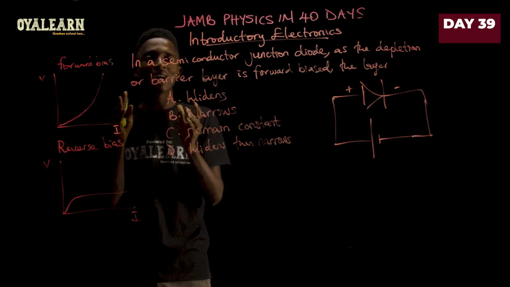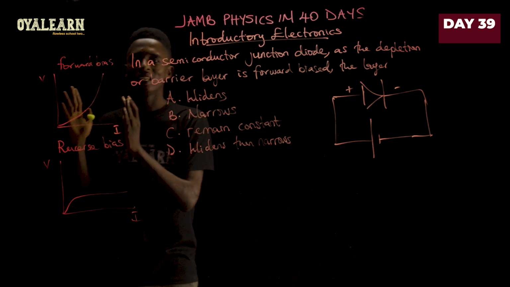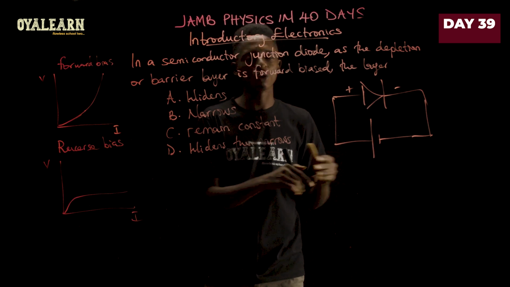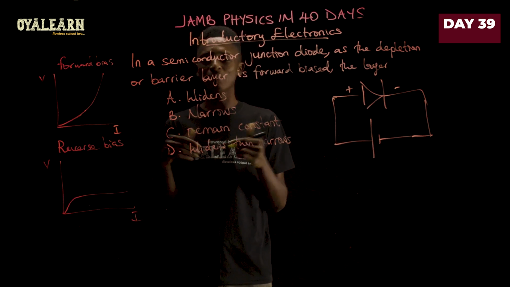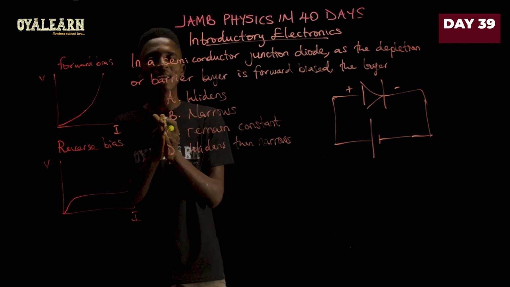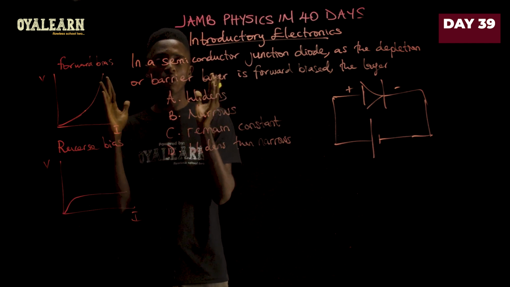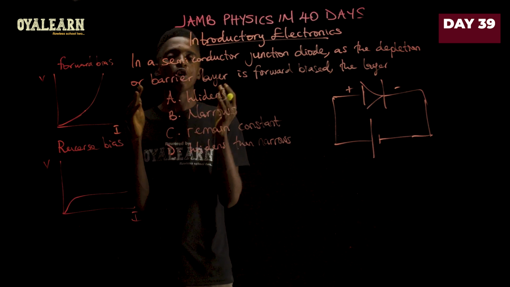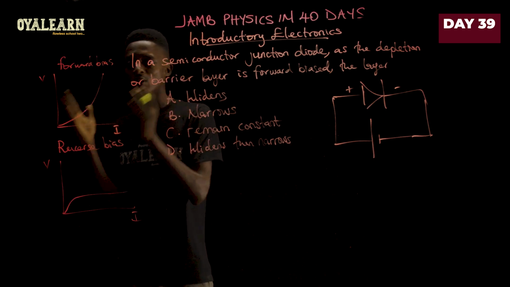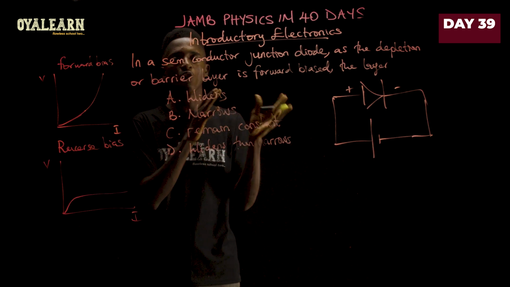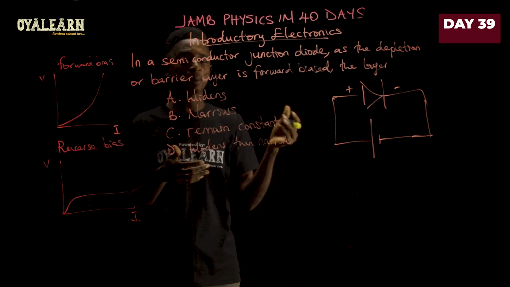Remember I mentioned that you can differentiate a metal, a semiconductor and an insulator by how wide the band gap is. In the case of metals, there is no band gap. For semiconductors, it ranges between 0.1 to 1.7 eV, and then for insulators it's greater than 3.0 eV.